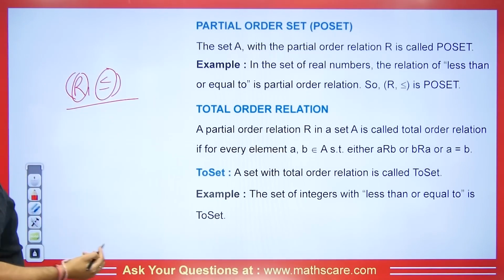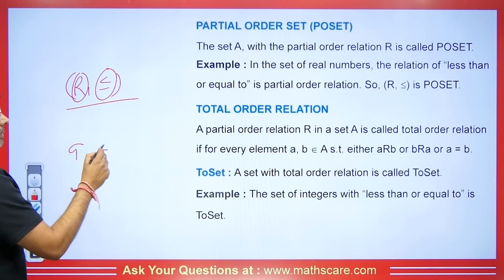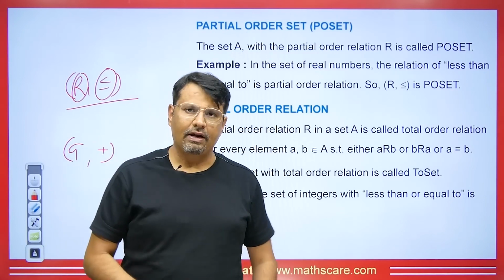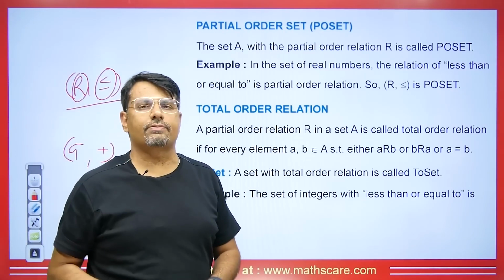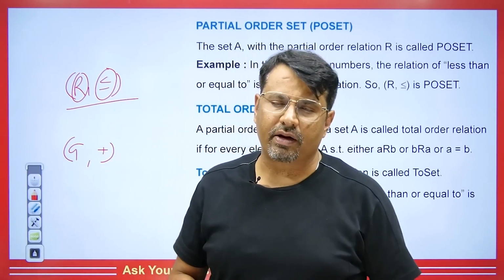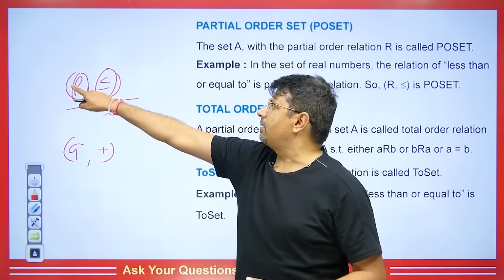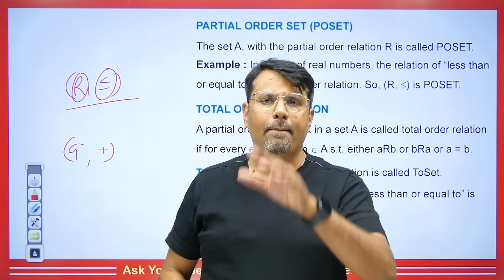The definition of a group is, if G is there with the plus operation and it satisfies all four properties, then it is a group, right? Getting my point? So here also, if this set satisfies three conditions, the first is reflexive, the second is antisymmetric, and the third is transitive, then this set is called a POSET. This is what you need to understand here.